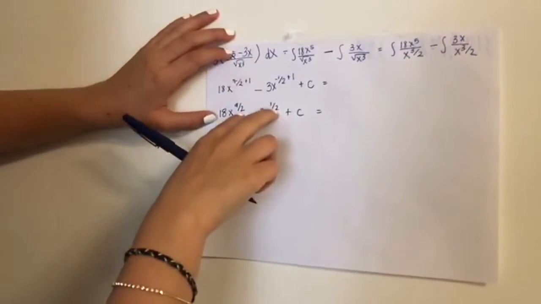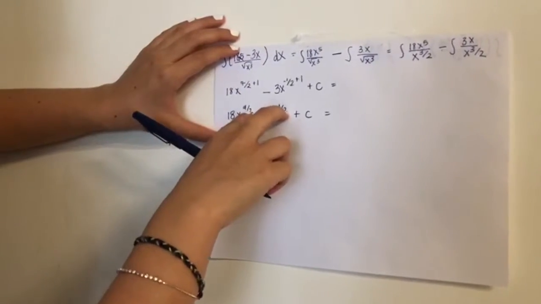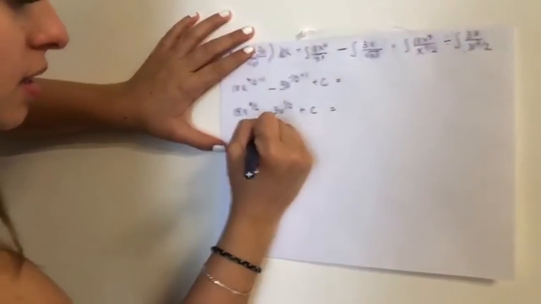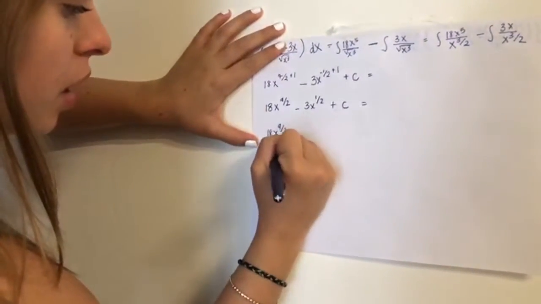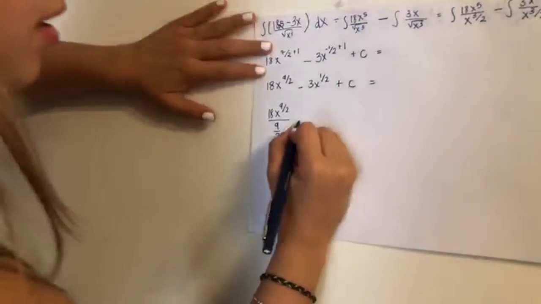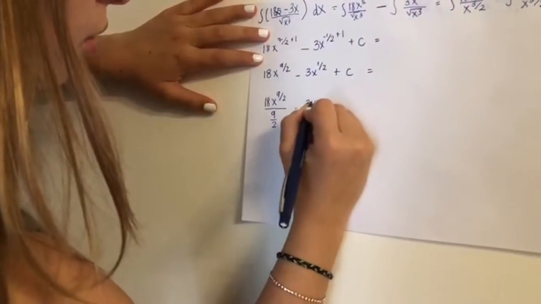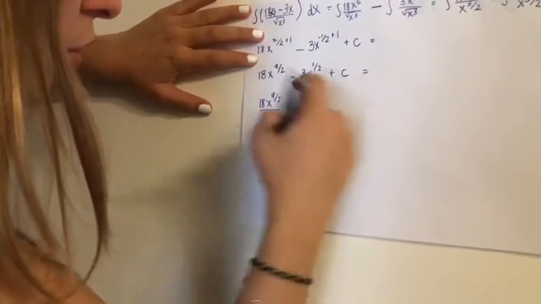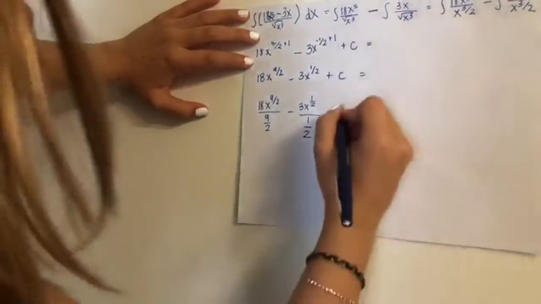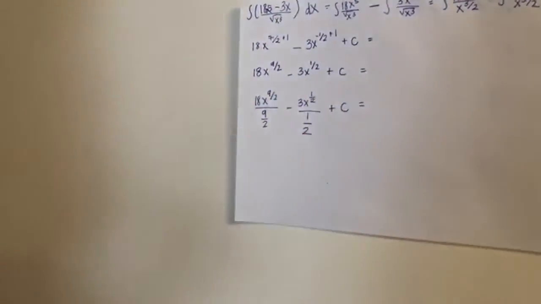So now when you have this as an exponent, you have to pass it to the denominator. And when you have it like that, you're going to do the law of the tortilla, the same in the two terms. You pass the exponent to the denominator and put the plus c.